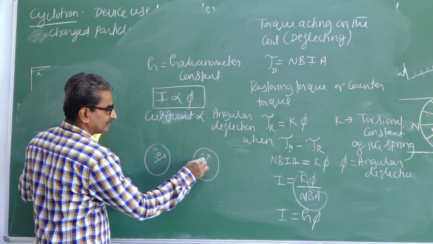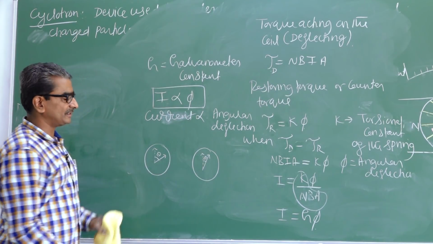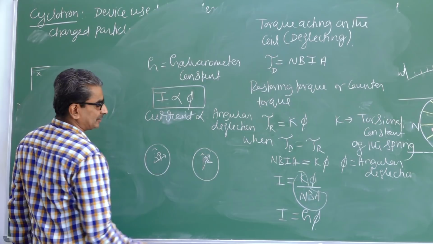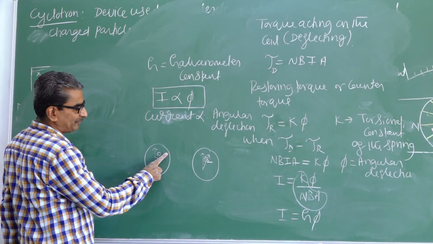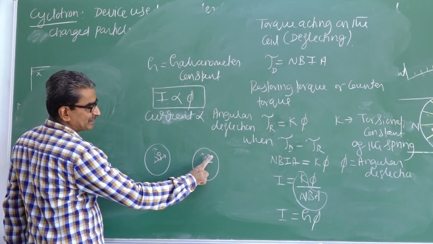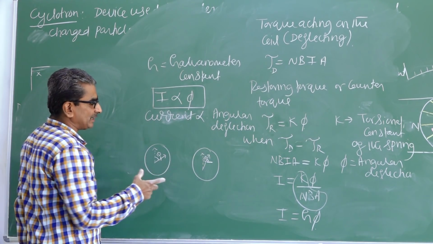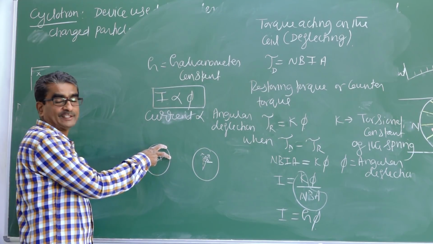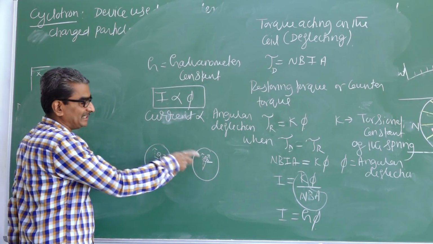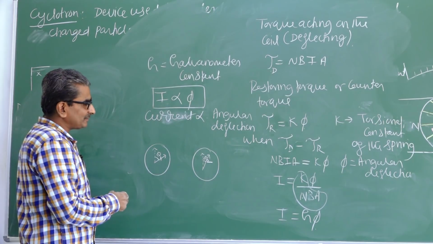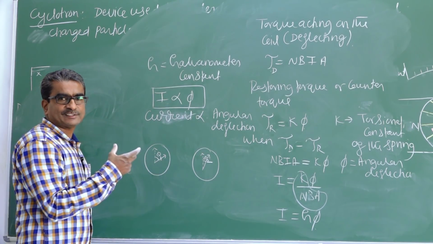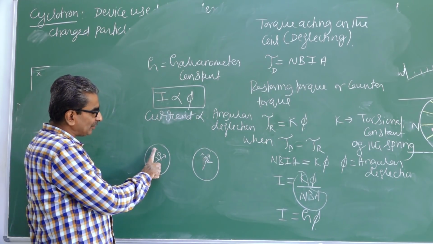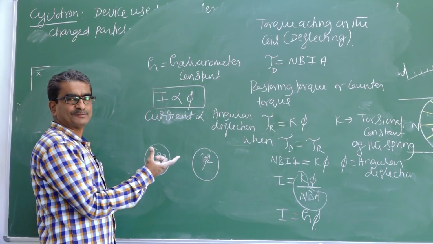If this is theta 1 and this is theta 2, from initial position it may deflect up to here. From these 2 galvanometers, we can find out that this galvanometer is more sensitive than this. That means a galvanometer is said to be more sensitive if it produces large deflection for a small current.